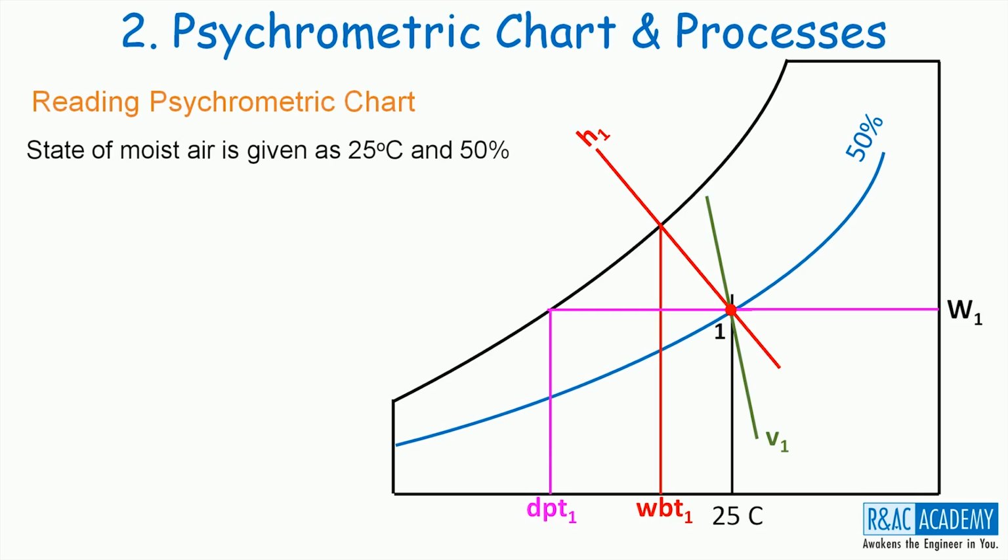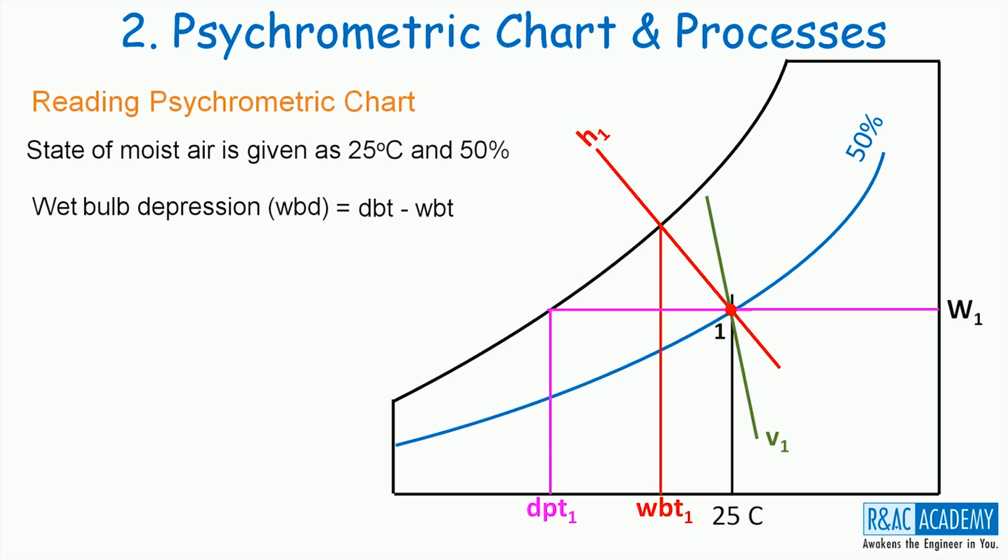This is how we will be plotting the state of the moisture with just two properties, and the remaining properties can be read without doing any calculations. The next important parameter we need to know is the wet bulb depression, WBD. And this is equal to dBT minus WBT.